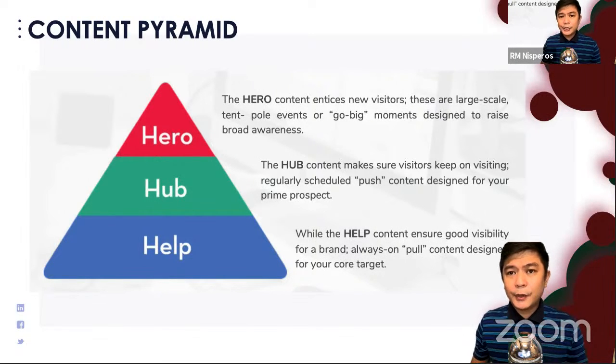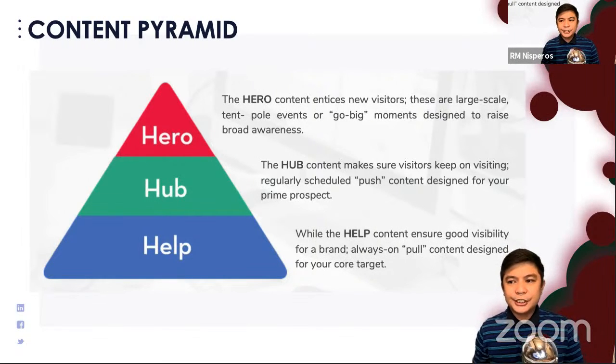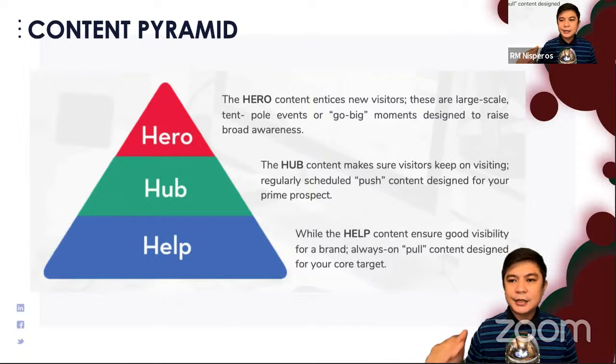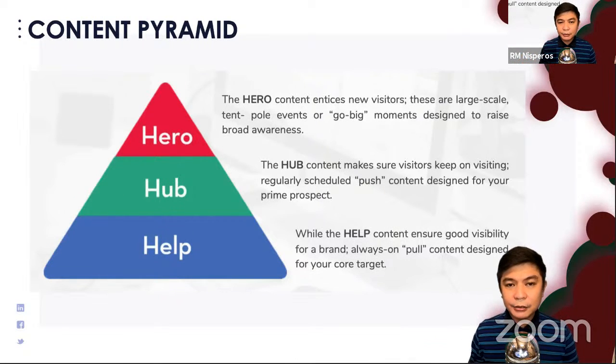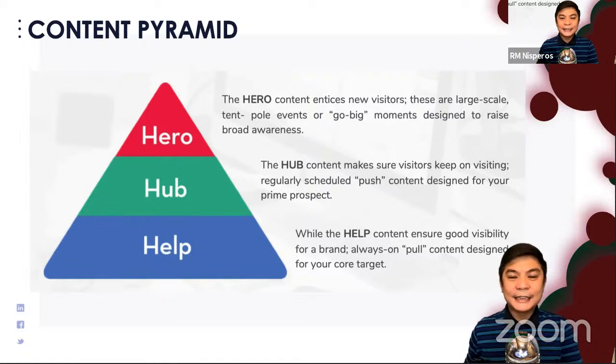When you create content for your digital marketing, you usually classify your content into these three types. So you have the hero content. Hero content is something that would expand your reach, something that would go viral, something you put marketing budget and time into.